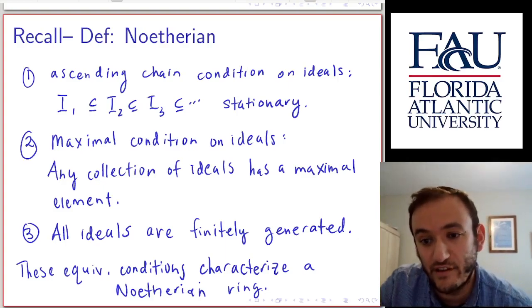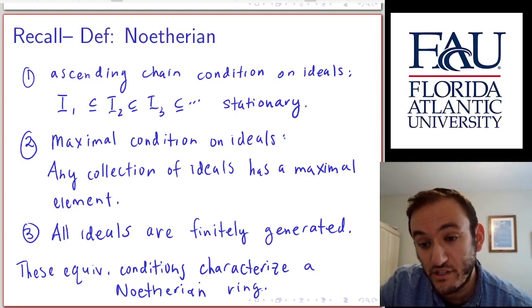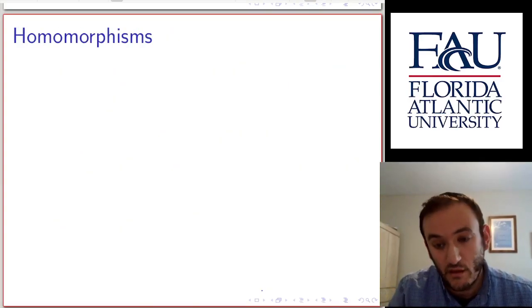So now that we have our definition of Noetherian, we can talk about various operations preserving that property. First is homomorphism.